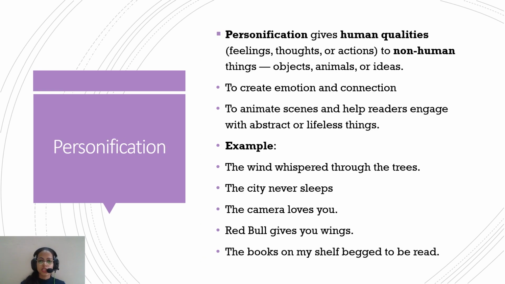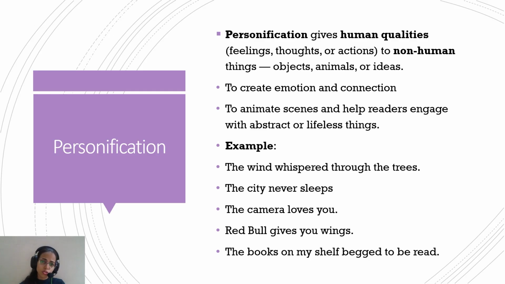Now, personification. What does personification do? As the name suggests, it gives person-like or human-like qualities to non-human things. What are human-like qualities? For example, feelings, thoughts, actions given to non-human things such as objects, animals, or ideas. It is done to create emotions and connections, or to animate scenes and help readers engage better with abstract or lifeless things.